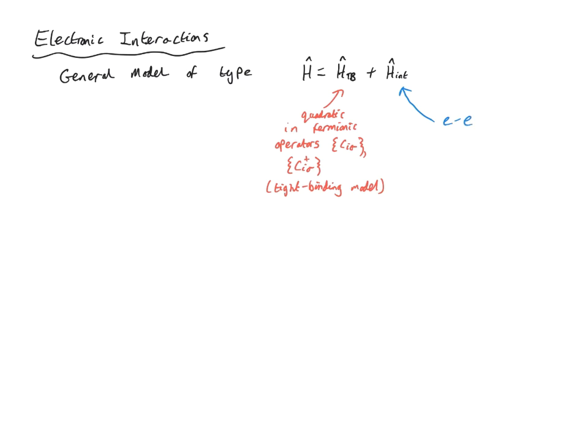So this is the interaction between electrons, which is coming from the Coulomb interaction, which of course we know to be microscopically in the mix. And this is not a quadratic term in the Hamiltonian, but rather a quartic term. It's a 4 fermion term.